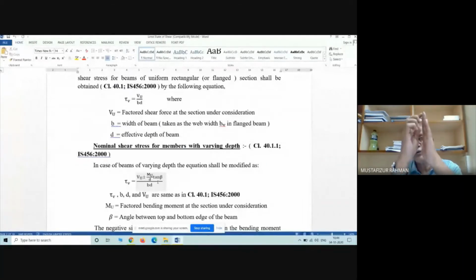That means together, this section and this reinforcement will be able to resist this. How much this cross section together with steel will be able to resist, we have to find out. To find that out, IS 456 gives some idea.